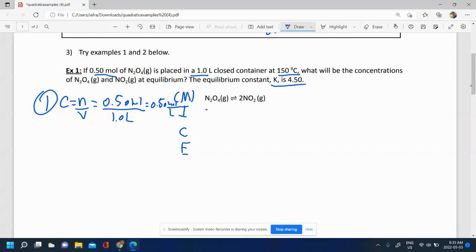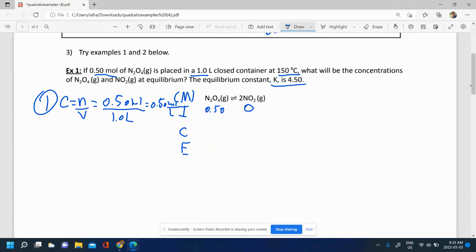So that means our initial concentration is 0.50. And we don't have NO2 right now because we didn't have any in the vessel. We just had the N2O4, the reactant. So at the onset, there's no NO2.